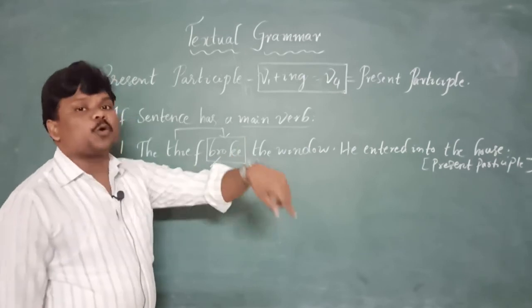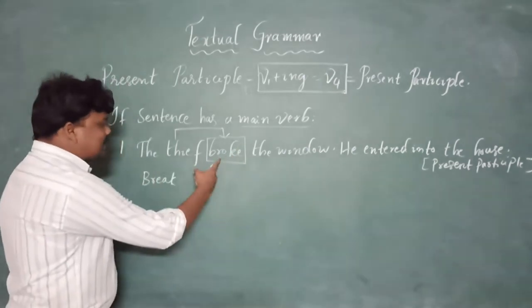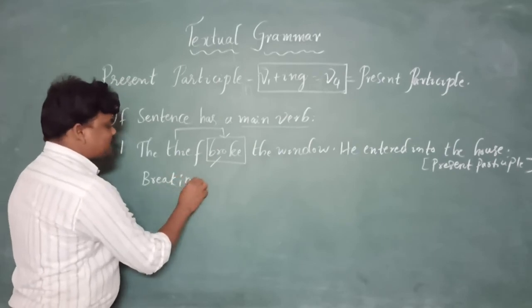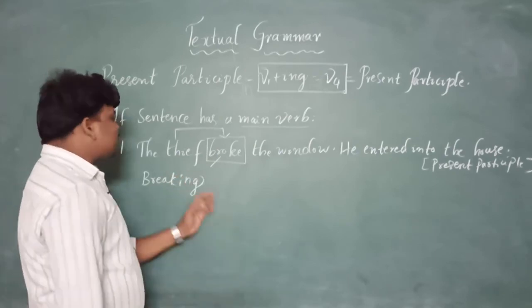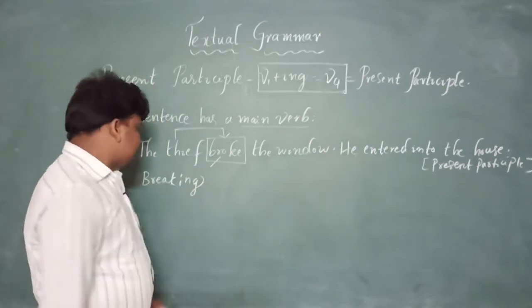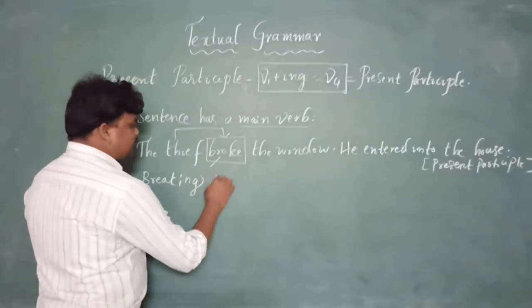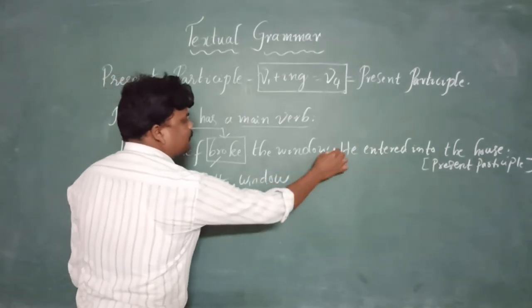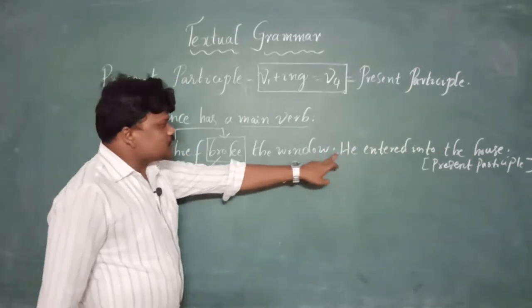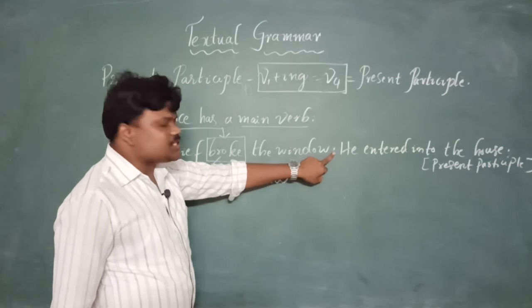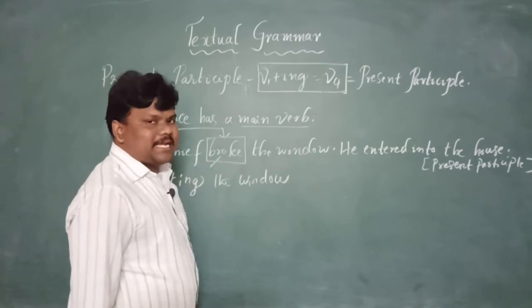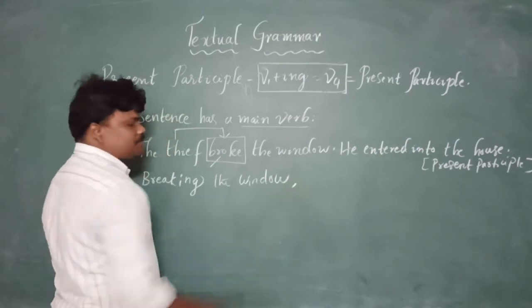Break, broke, broken. So convert this V2 into V1, write the ing form for that, and combine the two sentences. Breaking the window, up to the full stop, or sometimes in this place there will be 'and'. Up to the full stop or at the 'and' place, just keep a comma.